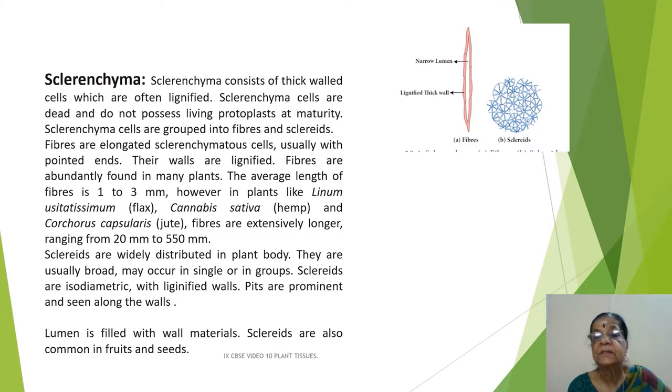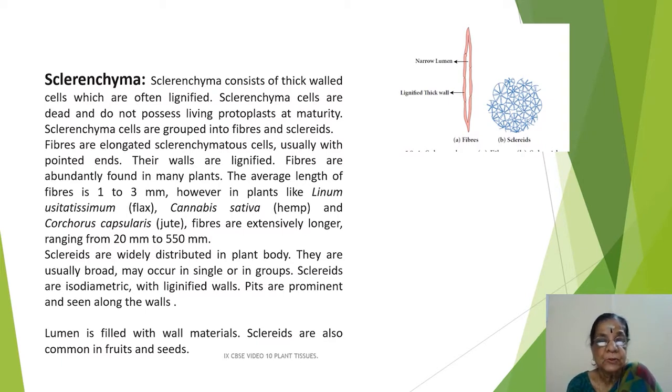Look here, this is sclereids. The sclereids are also called stone cells, and give the gritty nature of fruits, as in walnut, some berries, and guava to some extent. When we eat, sometimes it is rough in nature, is it not? That is called gritty nature, due to the sclereids present in the fruits.